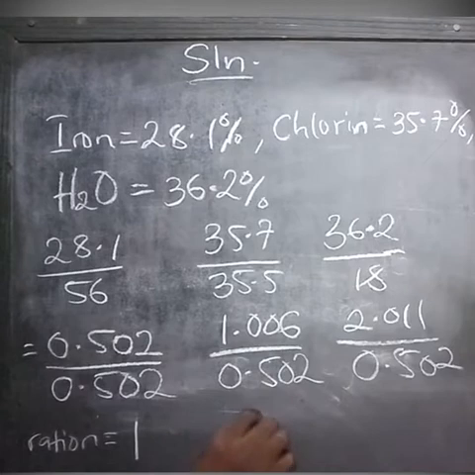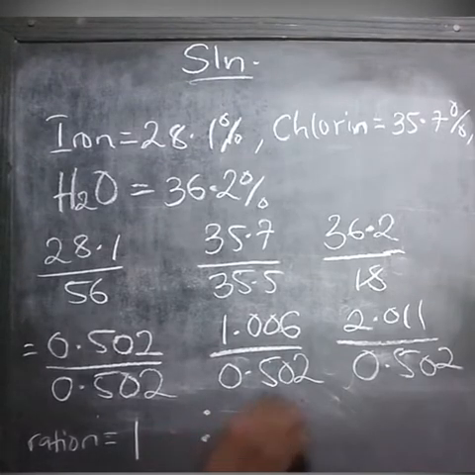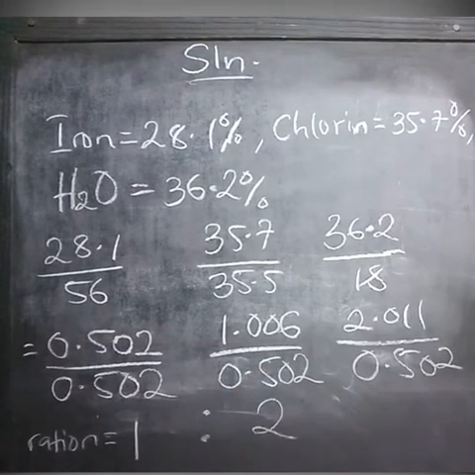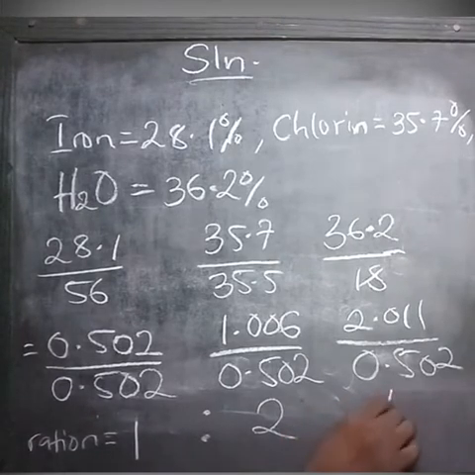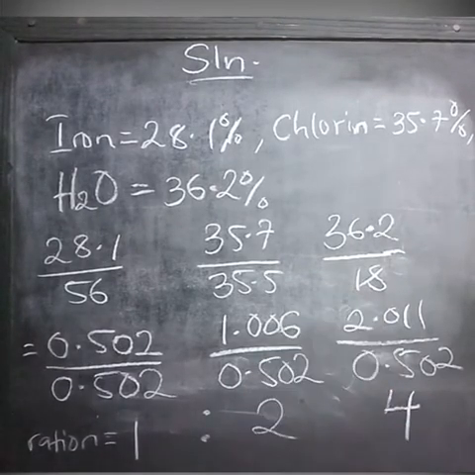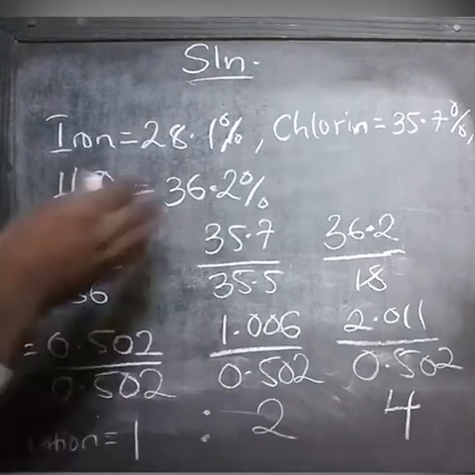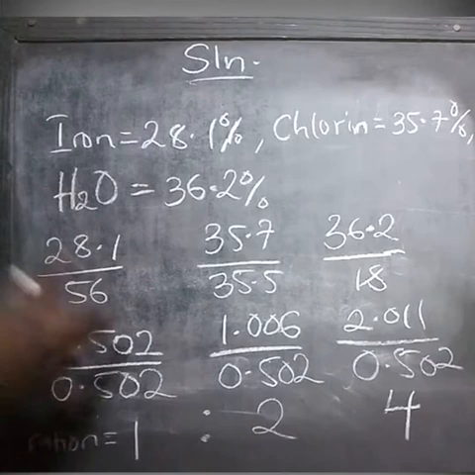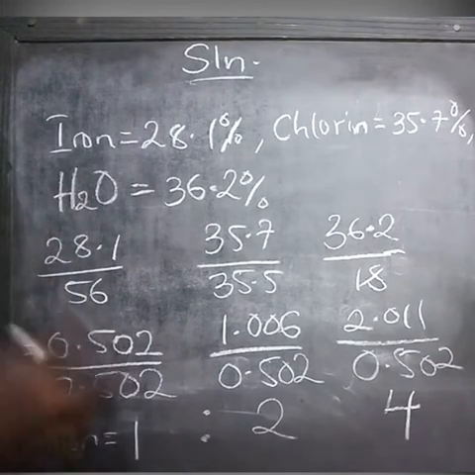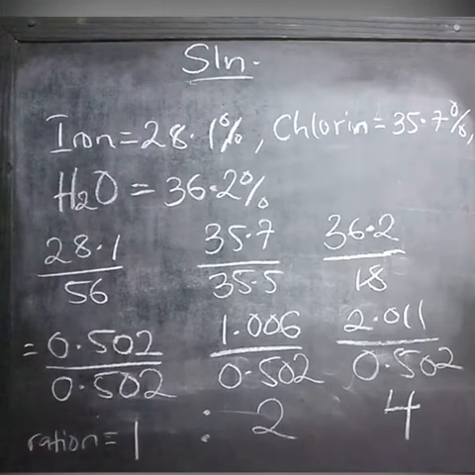If you press your calculator, you will get 2 as your ratio, and here you are having 4. So you have gotten the ratio of the elements in the composition. So let's go ahead.